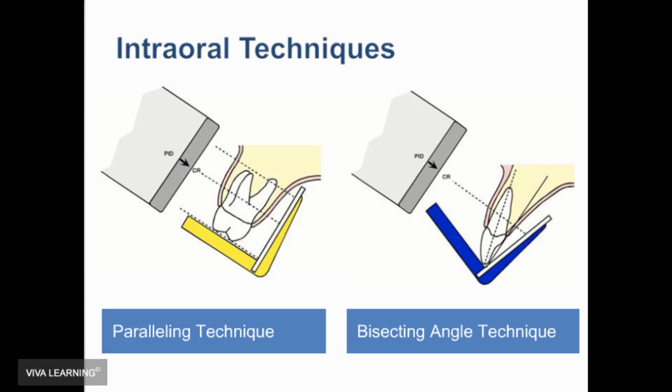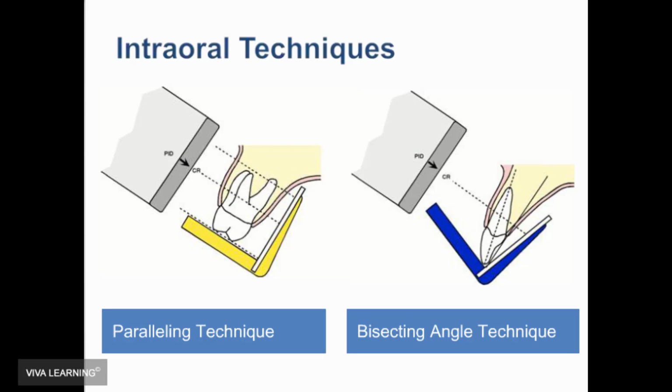There are times that it is not possible to place the receptor parallel to the tooth structure, and this is often because the patient anatomy will not permit it, or patient cooperation is lacking. With bisecting angle, it means that the receptor is in angular position to the long axis of the tooth. In order to control the length of the tooth structure, you have to divide the plane in half to control the length.